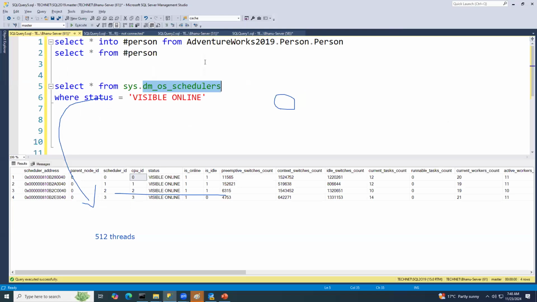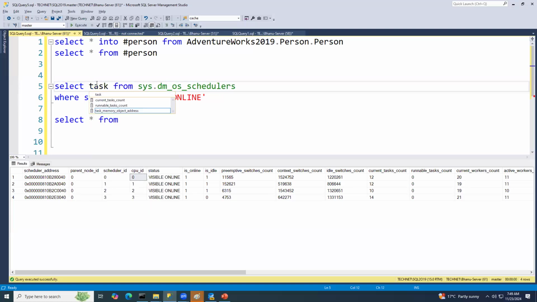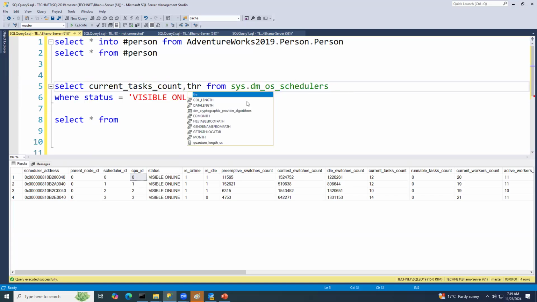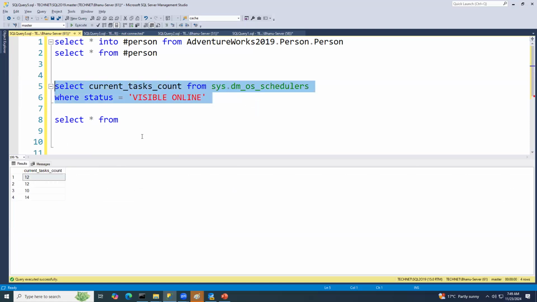Suppose I go back to sys.os_schedulers. If you see here, I have CPU, and on average they are almost equal.